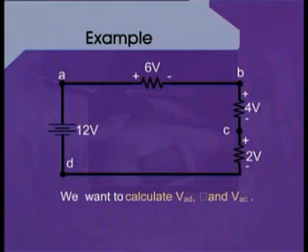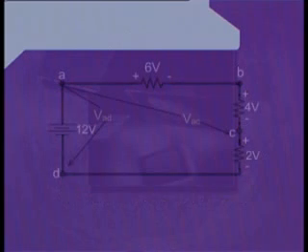The resistance which is next to that and is attached between the points B and C has a voltage drop value of 4 volts across it, whereas the last resistance, which is between the points C and D, has been marked as having a voltage drop value of 2 volts across it.